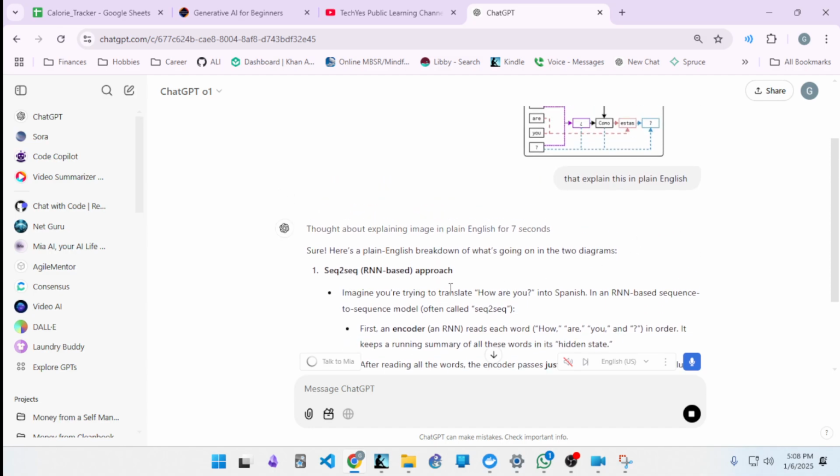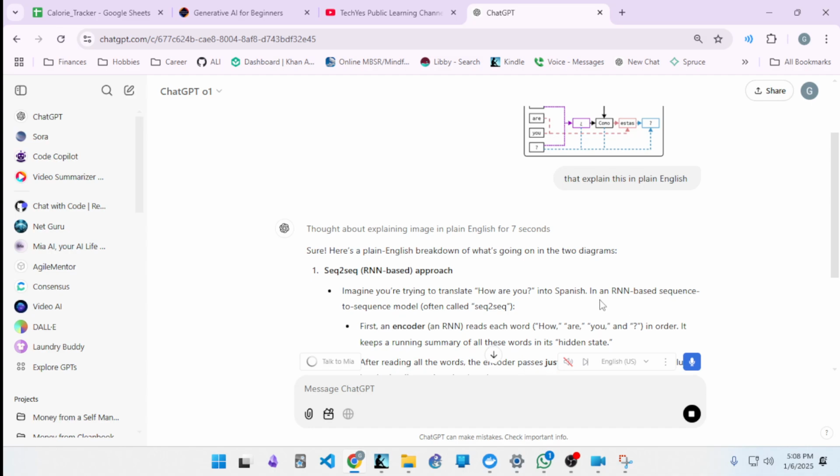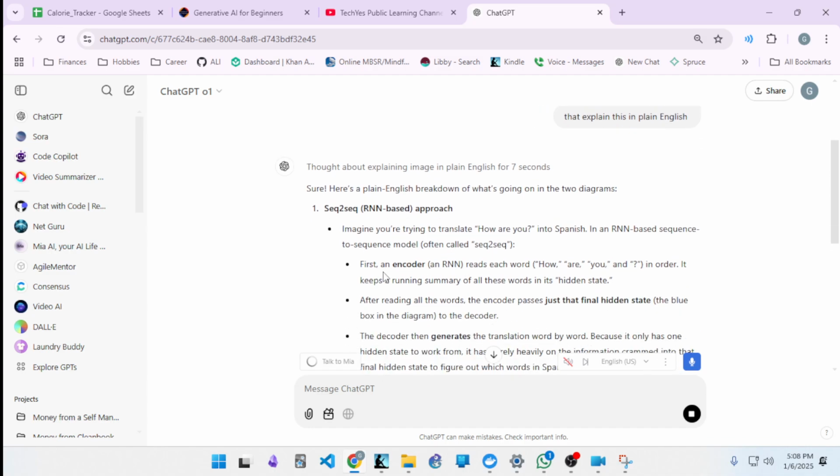So imagine you're trying to translate "How are you" into Spanish in a seq2seq RNN-based sequence-to-sequence model. First, an encoder reads each word in sequence: How are you? Question mark. It keeps a running summary of all of those words in its hidden state.